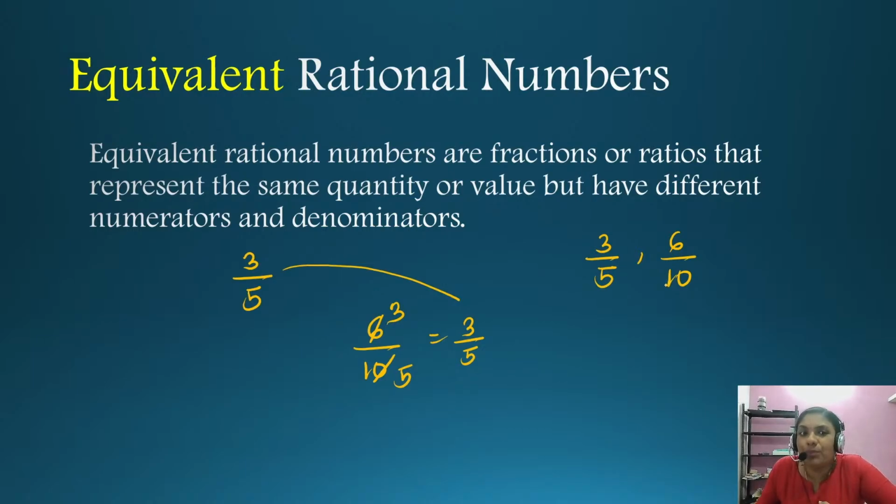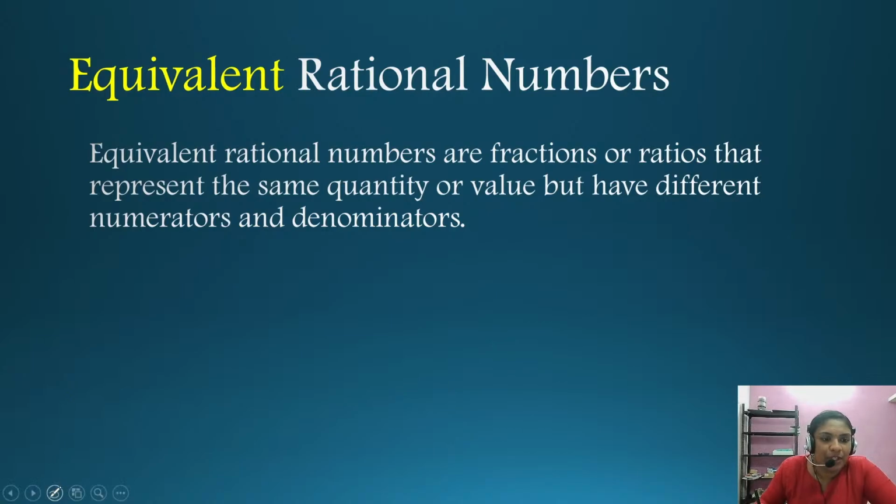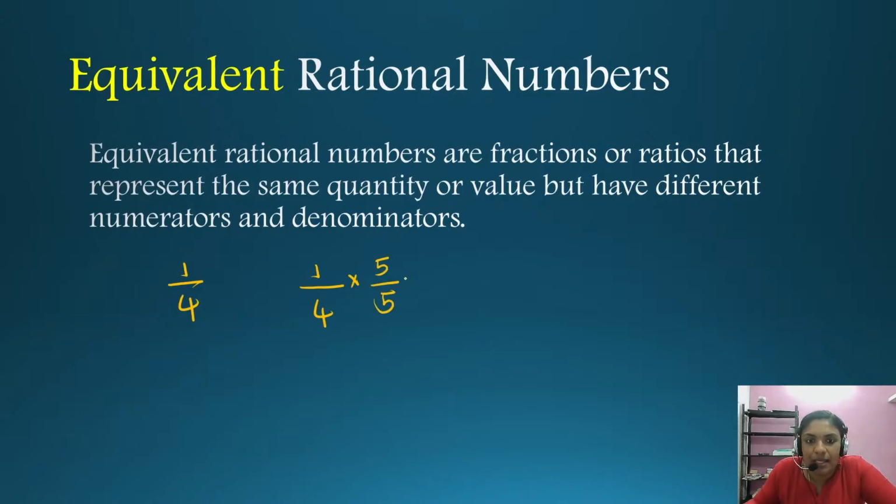So if you want to find equivalent rational numbers of a particular rational number, what will you do? Let's say 1 by 4. Just multiply the numerator and denominator with the same number. Let's say 5. So 1 into 5, 5, and 4 fives are 20, so 5 by 20.